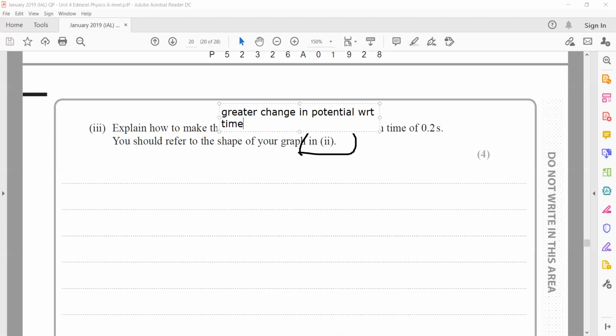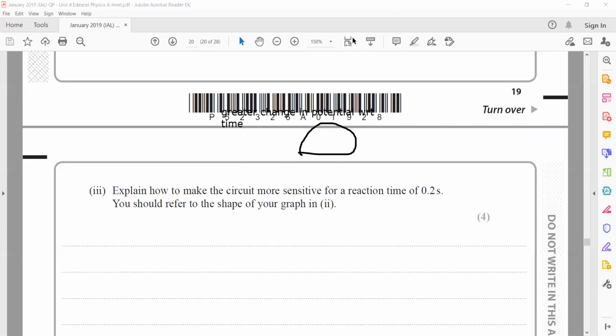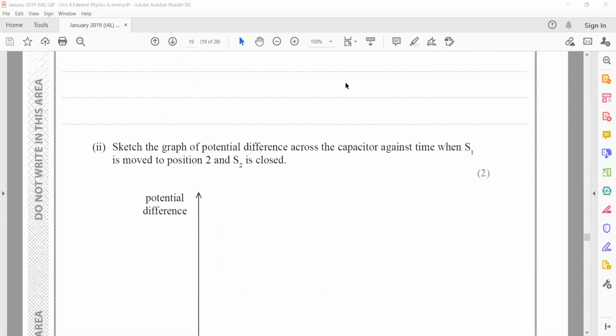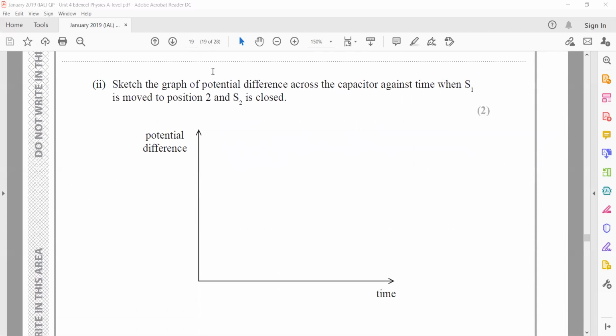small, then the capacitor will discharge instantly and we are not able to record it. For example, this is a capacitor, and using the reference of the graph, say this is a graph, and this is the reaction time of the student.